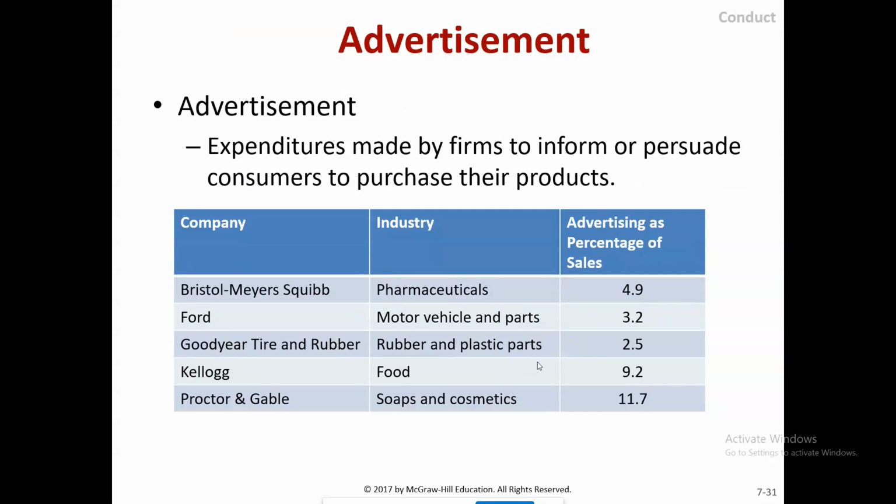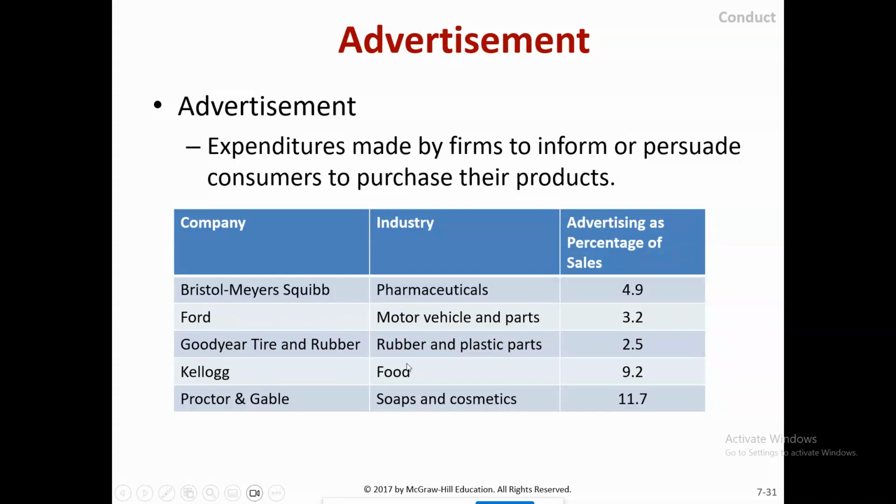Another expenditure made by firms is to promote brand awareness and attract consumers: advertisement. Here are the values for advertisement as a percentage of sales for the same firms.